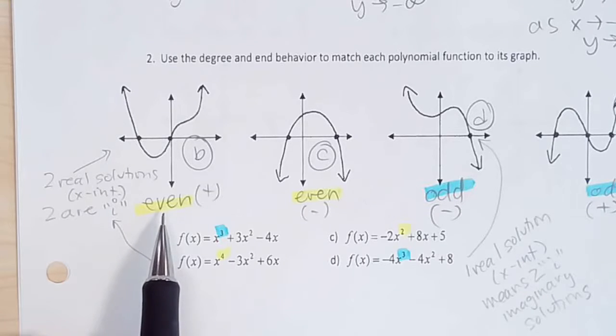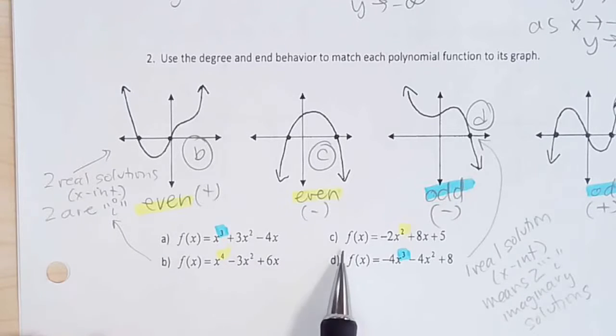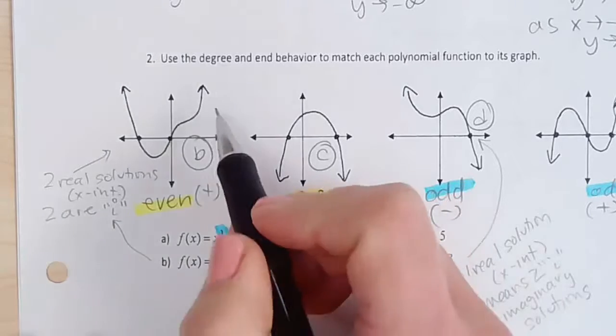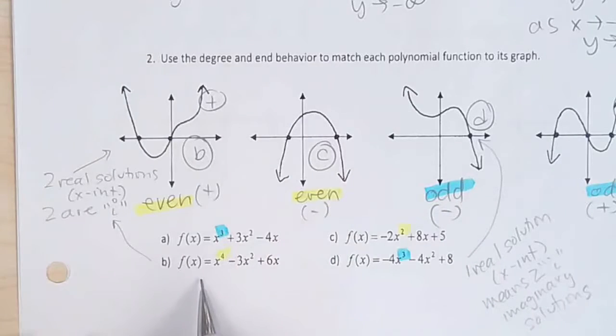It would be either B or C. Those are even degrees. And let's see, because it's positive, going up, only B is possible. C has a negative leading coefficient.